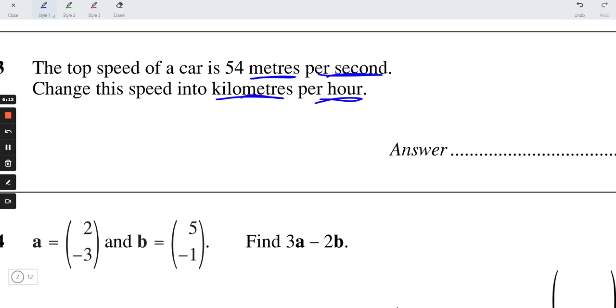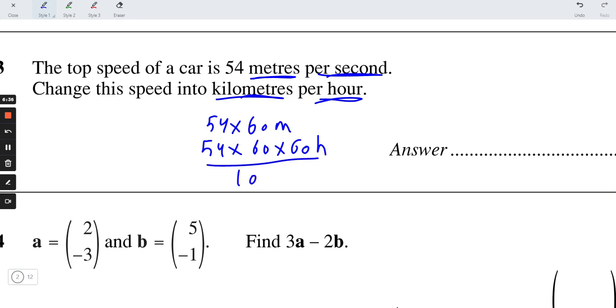So we'll multiply 54 times 60 minutes, then multiply it by 60 per hour. Then we will divide it by 1000 because we change from meters to kilometers.